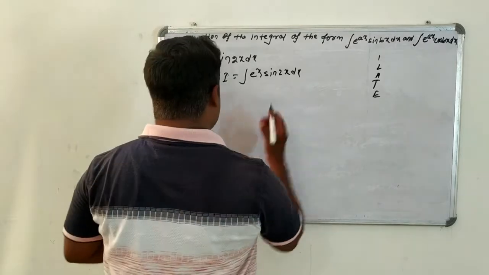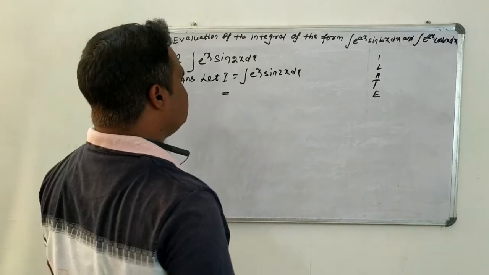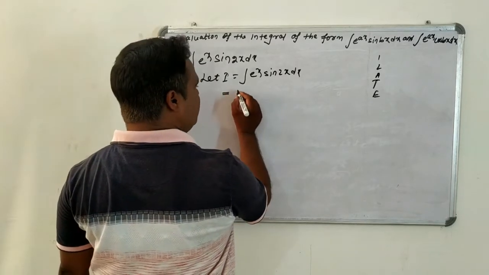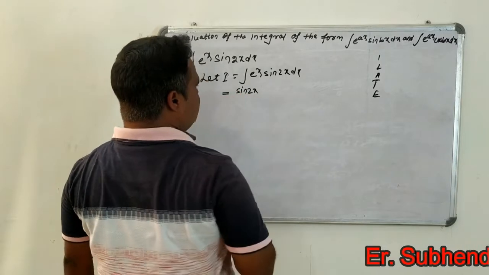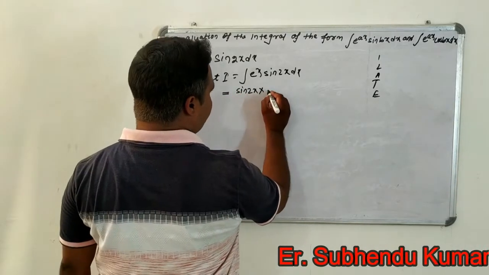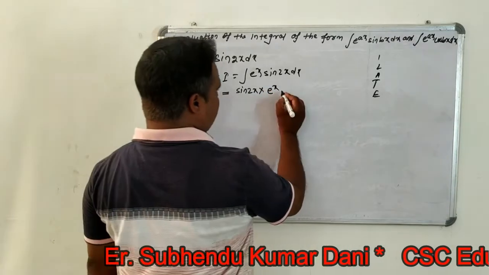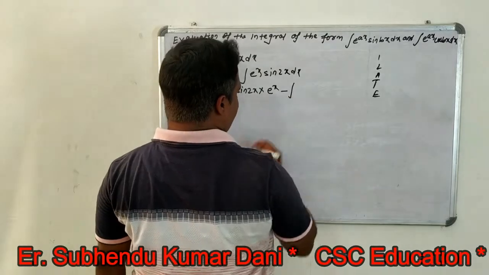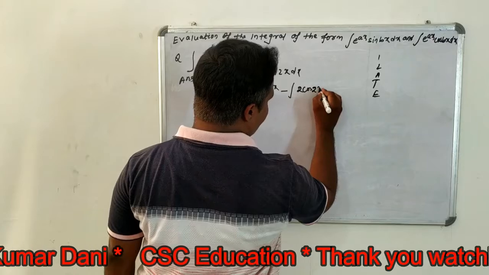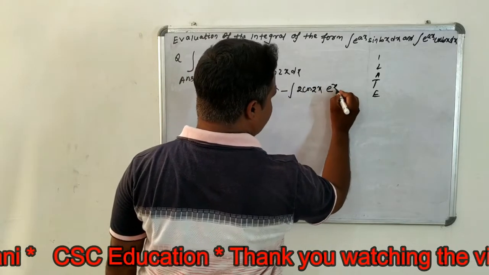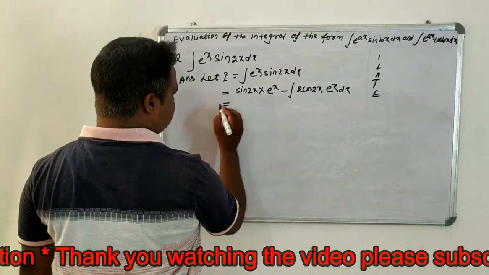So this value equals, with the first function sin 2x by integration by parts, the first function remains constant, then the integration of e to power x is e to power x, minus the integral of the derivative of sin 2x, which is 2 cos 2x, times the integral value e to power x dx. So this value equals sin 2x.